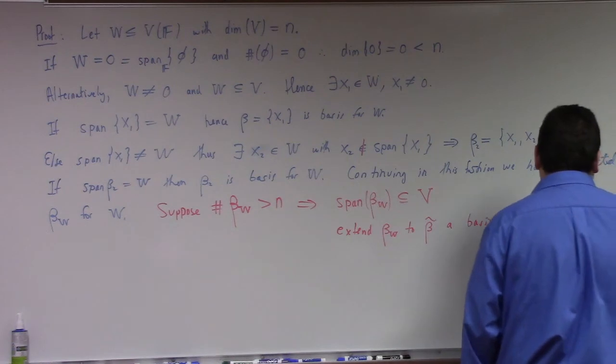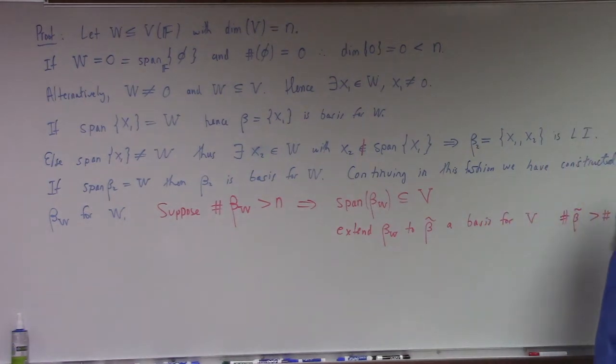Well, it's greater than the number of vectors in beta W, which is greater than what? n. Oh no, we just constructed a basis for the whole vector space, which has more than n vectors.